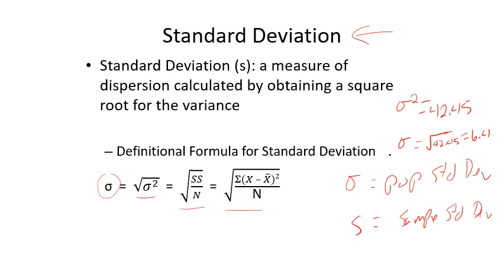I'm going to do roughly 6.4. But what's going on here is that now we can use this value to interpret it. What this means is that the average variation around the mean is 6.4. The average difference from the mean of a score is 6.4. So this is now an interpretable value. And that's why we use the standard deviation as our measure of variability with the mean.